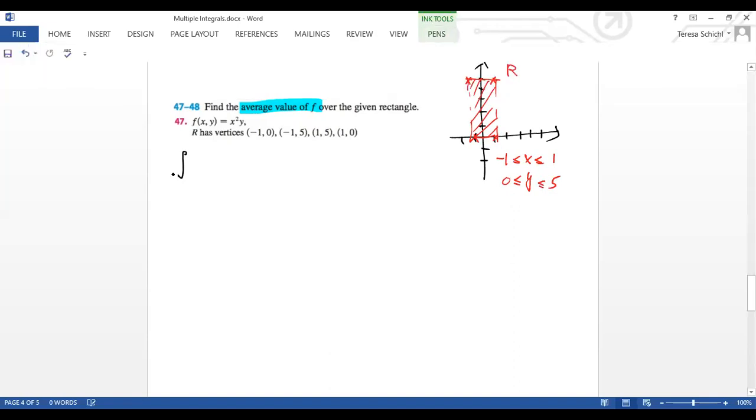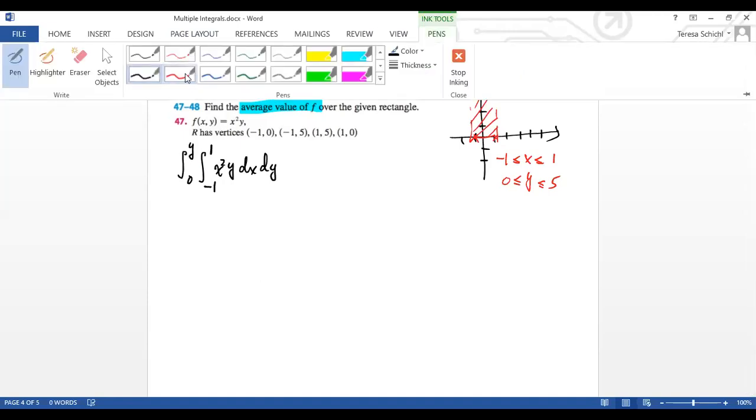And then I can just find the integrations here, right? So the integrand is x squared y. You can integrate dx or dy, it doesn't matter, but I need to match. I'm going to integrate x first, so this will be negative 1 to 1, and y is 0 to 5.